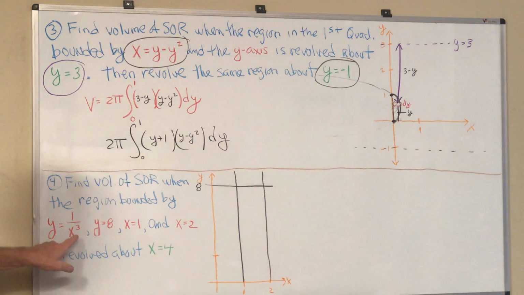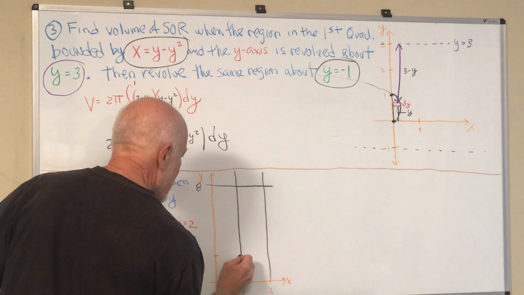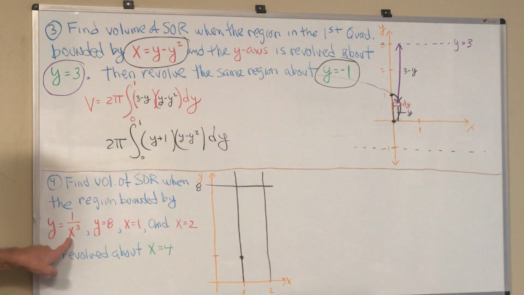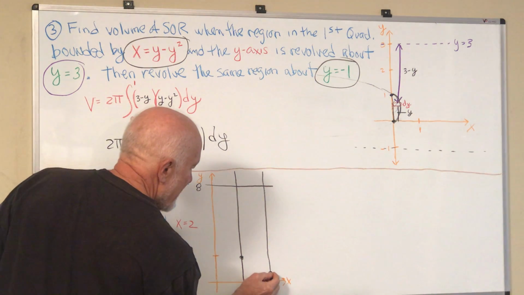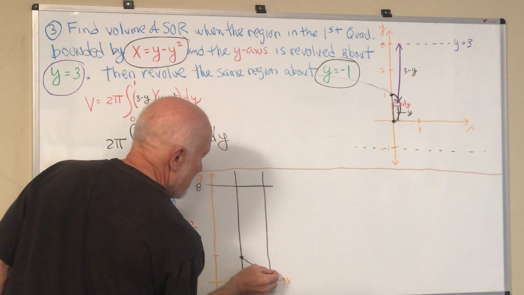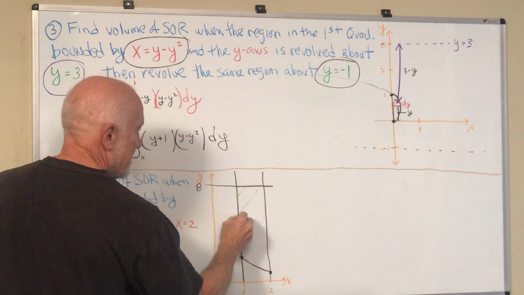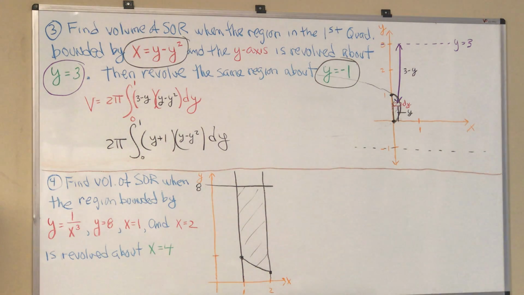And then y equals 1 over x cubed. So when x is 1, y is 1. And when x is 2, y is 1/8. So you're down here, and you have something that looks like this. And this is the region that we're going to revolve.